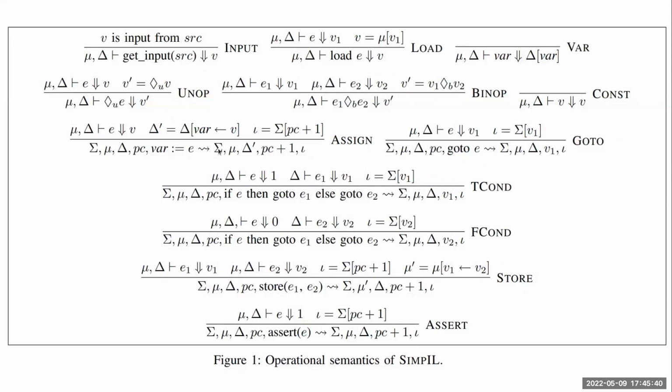Let's use an easy example. It's the input. So input is an operation, means we are taking V from input from source. Then what happens is basically nothing happens. We're just getting from it. Let's say another example, like store. So there is a store instruction, store E1, E2. The first, E1, may be the expression for the address, E2 may be the value, I say.